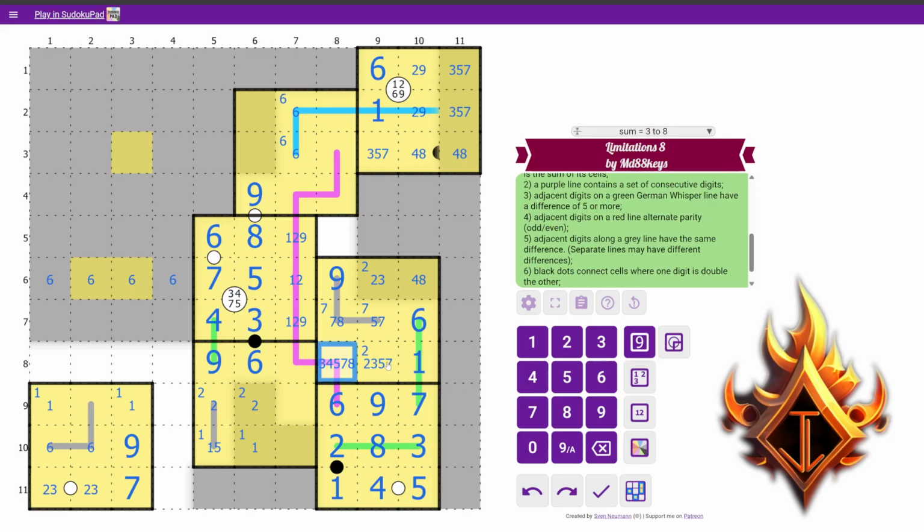Well, it doesn't go there. But it could go up here still. 1, 2, 9. There's no, oh yeah, there is. 5, 6, 7.